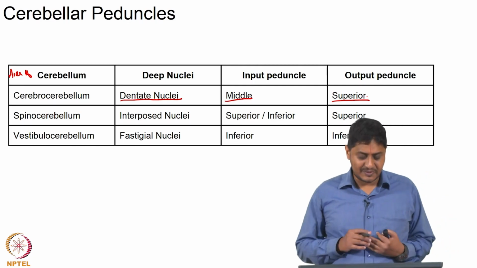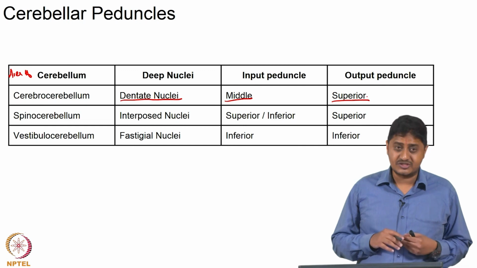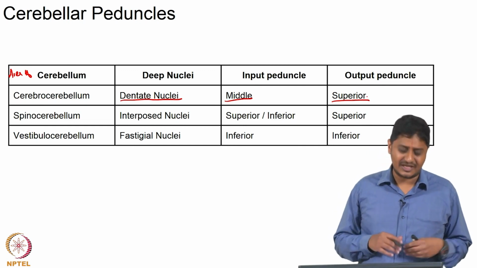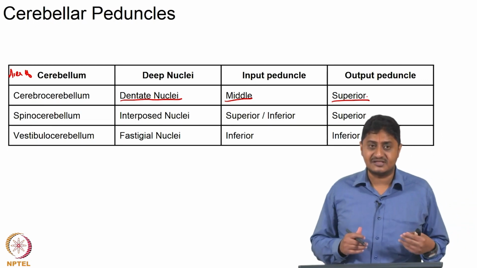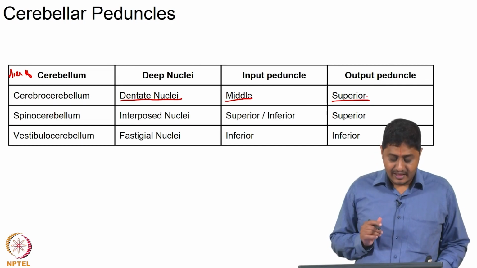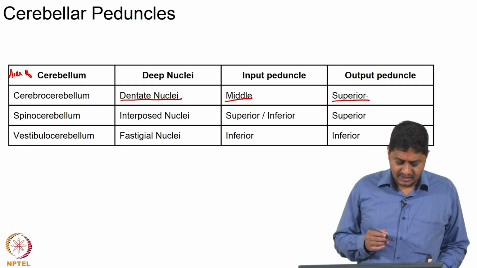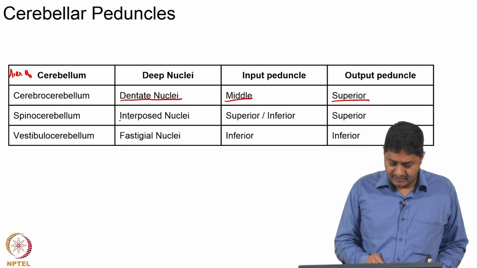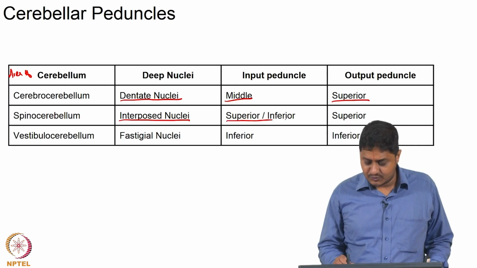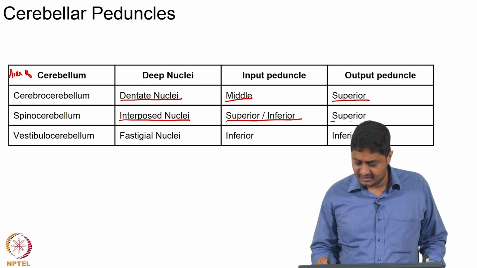If it is the spinocerebellum, it receives input from the spinal cord from multiple sources through the cuneo-cerebellar tract, through the spinocerebellar tract. Actually there are two divisions of that, the dorsal spinocerebellar tract, the ventral spinocerebellar tract, etc., and the cuneo-cerebellar tract. And the deep nuclei involved are usually the interposed nuclei. The input peduncles are not just one, in this case it may be either superior or inferior, the output peduncle is mainly the superior peduncle.